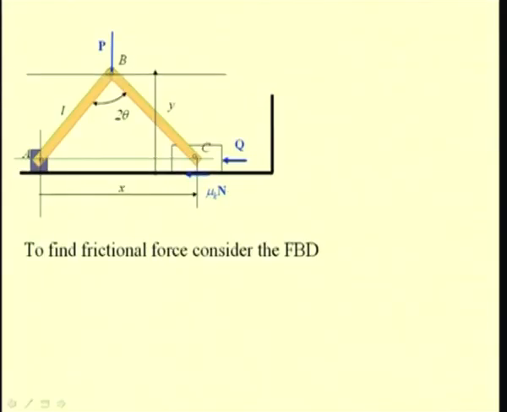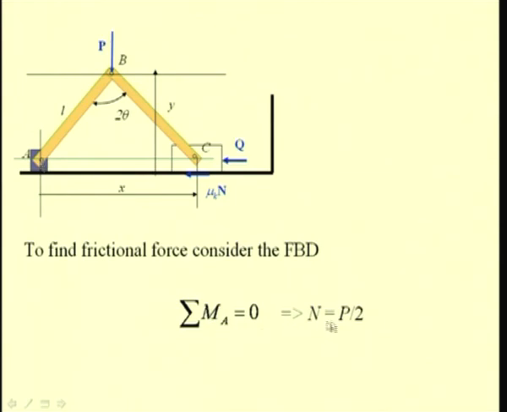So, we determine this frictional force by considering the free body diagram, and since we are interested to determine only this mu k, let us consider the moment about this point A and equate it to 0.